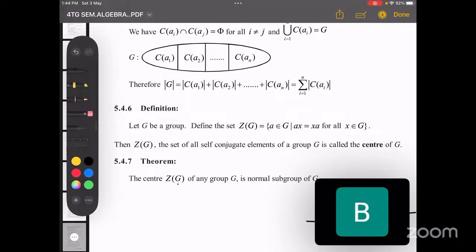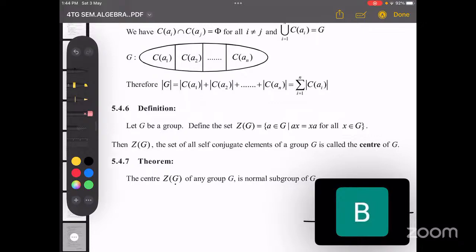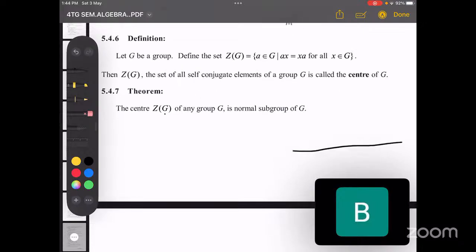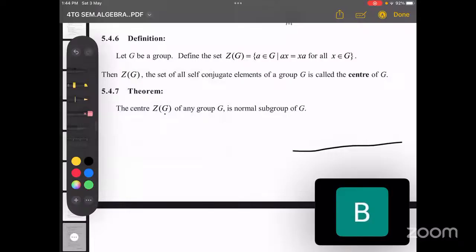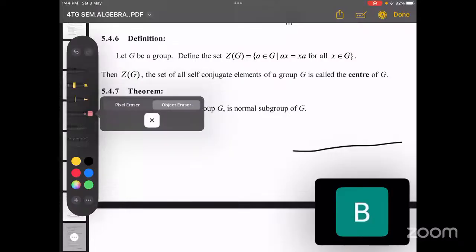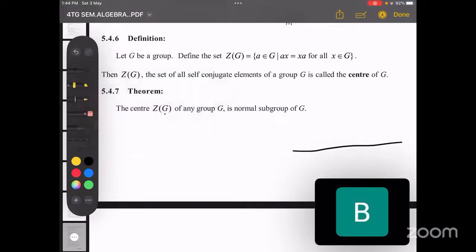So this representation of the center of G is important. Next, we have theorem 5.4.7: the center Z(G) of any group G is a normal subgroup.